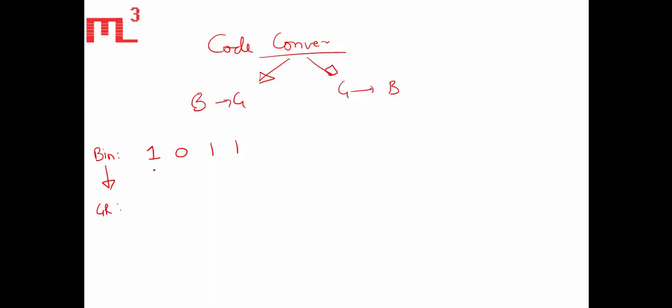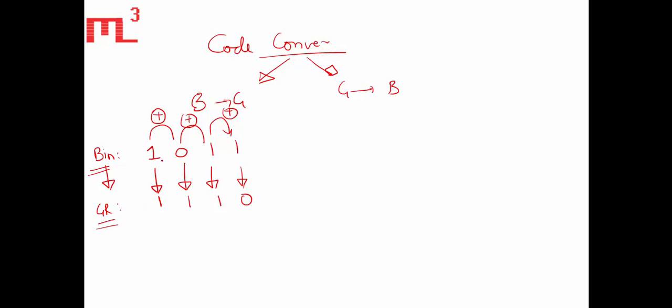Put the first digit as it is, take XOR between the first and second bit, it will give you 1. Then take XOR between the next two bits, it will give you 1. Now take XOR between the last two bits, it will give you 0. This is the way you convert binary to gray.